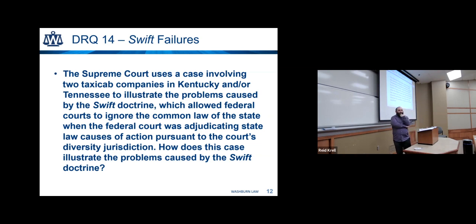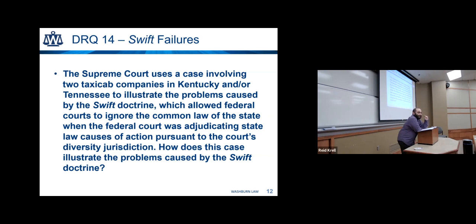Ms. Sadler, was it Kentucky statutory law? No, common law. Right. And why does that matter? Because the court's not going to apply common law. Exactly right. I'm sure you just misspoke. But if it had been a Kentucky statute that banned these kinds of exclusive agreements, it wouldn't have mattered, because under Swift, federal courts apply state statutory law.